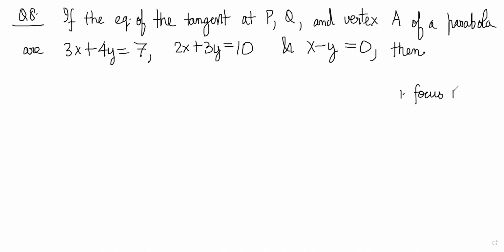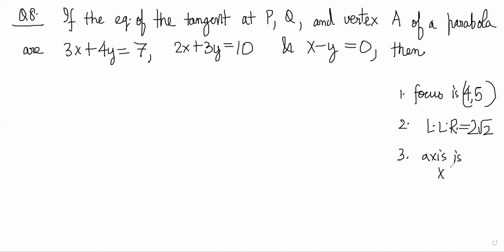Focus is 4, 5. Second option is length of latus rectum is 2 root 2. Third option is axis is x plus y equals 9. And fourth option is vertex is 9 by 2, 9 by 2.